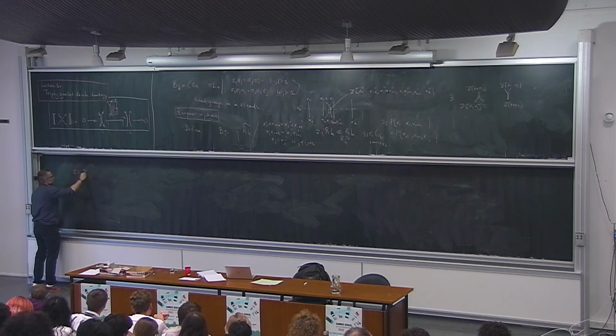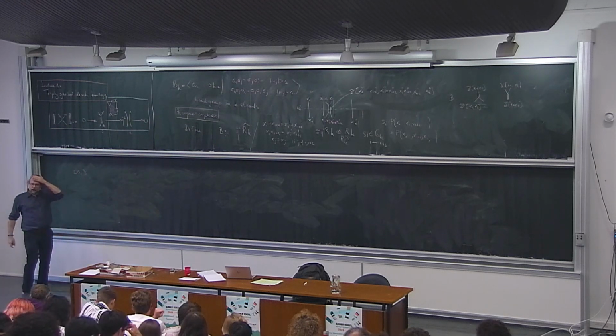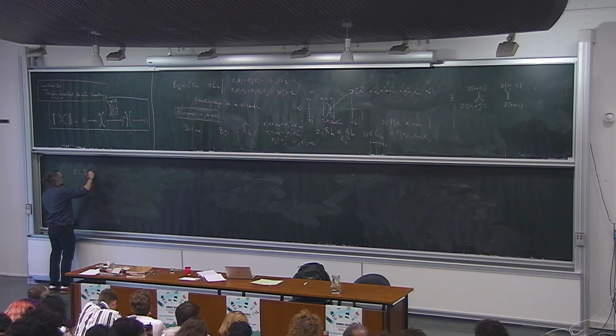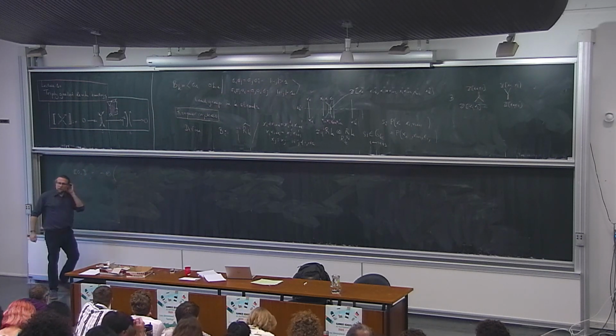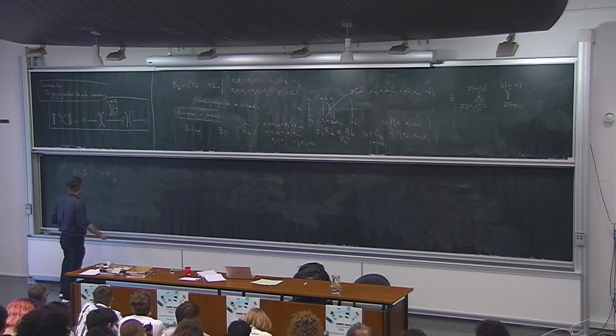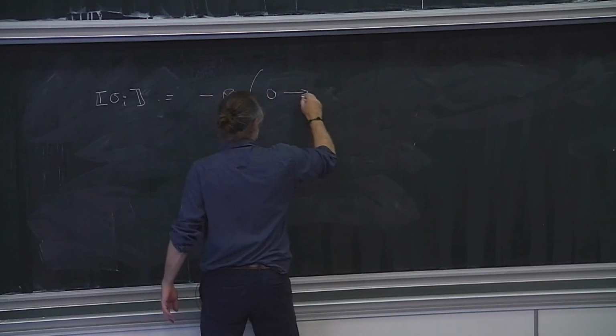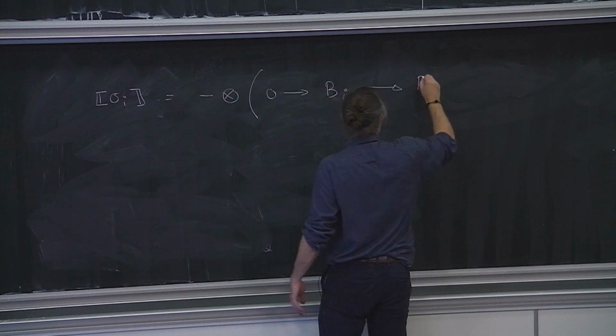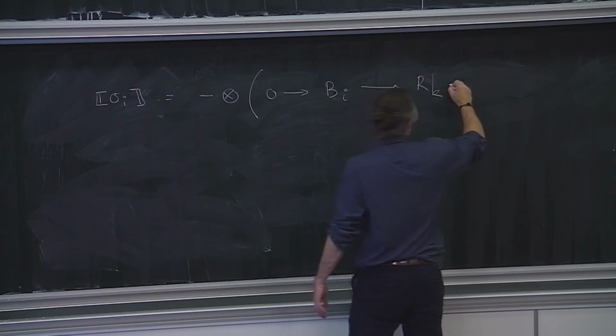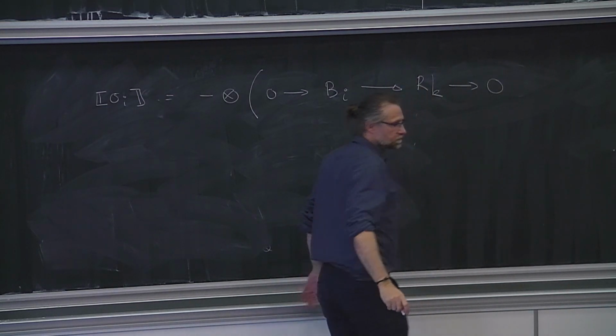So that we don't note the double bracket, the generator sigma I is by definition the tensor product with this length two complex: 0 goes into Bi, goes into Rk, goes into 0.